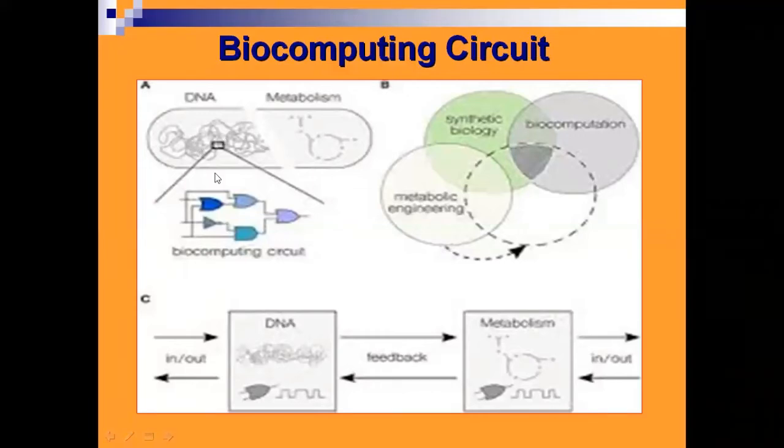So DNA is used here, and using neurons, networking is done. That circuit is formed, and you can study the metabolism, and all three concepts are joined here in biocomputing. One is the synthetic biology concept, the biocomputation concept, plus metabolic engineering, that is the metabolism of the cell. All three are combined, and they form the biocomputing concept.